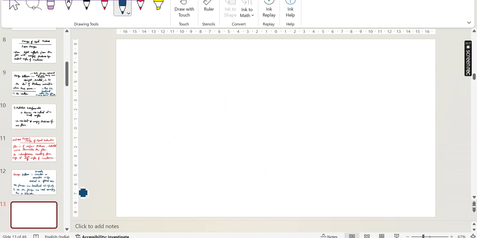So when do these fringes of equal inclination happen?